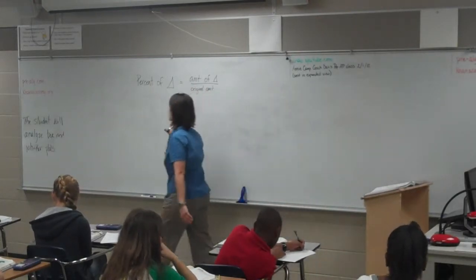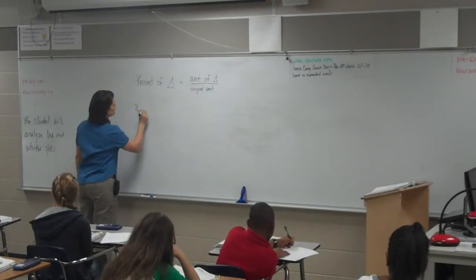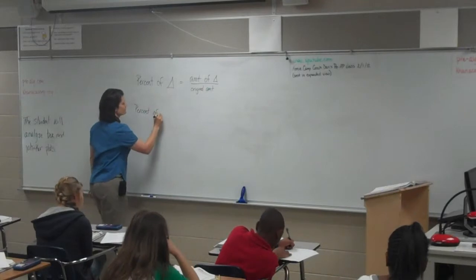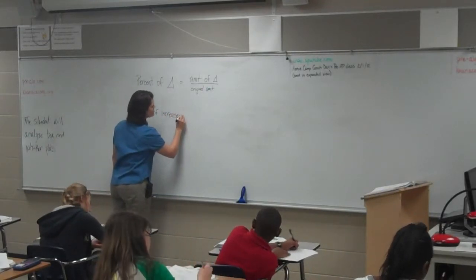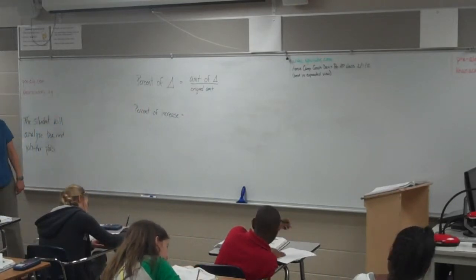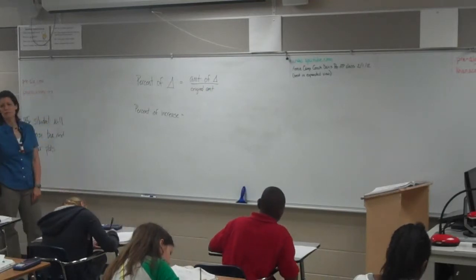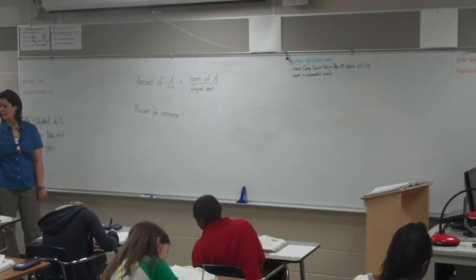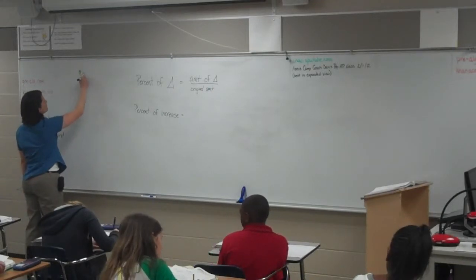Now, let's talk specifically about the percent of increase and the percent of decrease. If we talk about the percent of increase of a number, let's say that you go to the store one day and you buy a candy bar that costs 50 cents.